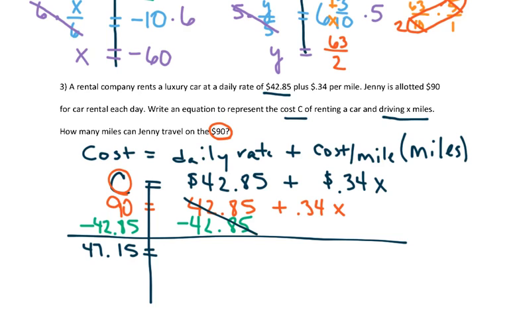So the 42.85 cancels there. And the 34 cents times x drops down. Step 5 is to get rid of multiplication, so I'm going to now divide both sides by 0.34.